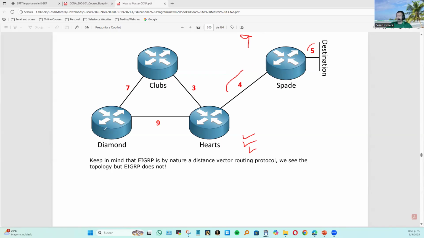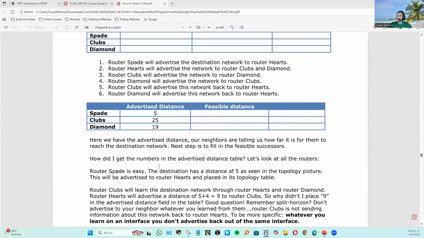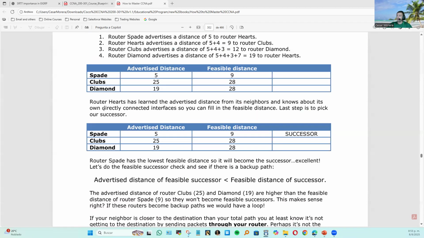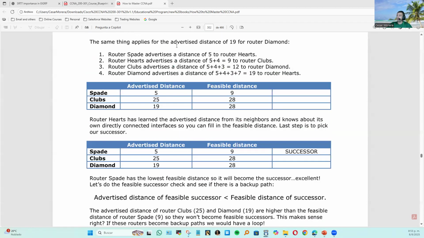Now if we count the rest, the whole route to get to either clubs or to diamond, those were actually 28. Let's validate that. Let me go ahead and click the drawings and validate that. Was it diamond and clubs? Yes, it's clubs and diamond, and we got 28 there and 28.